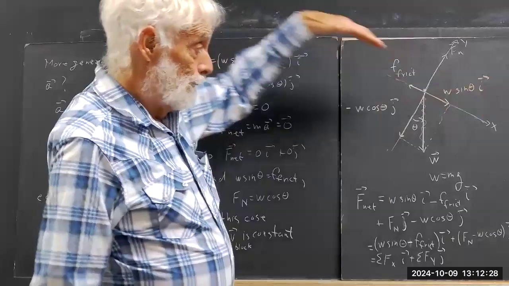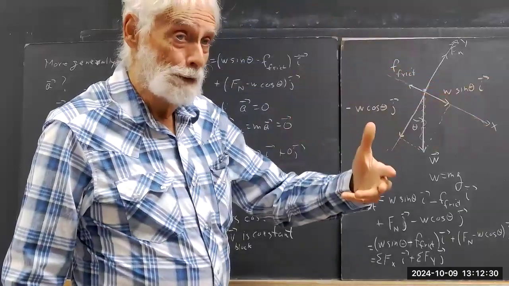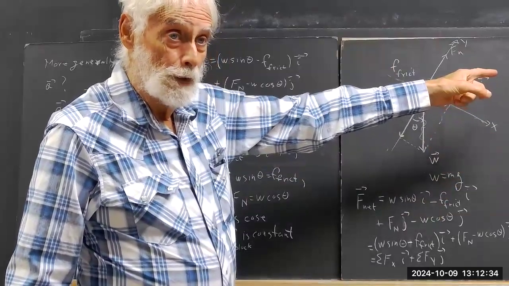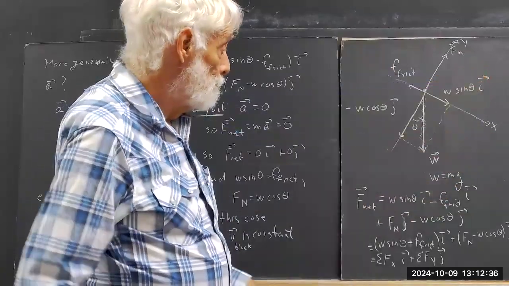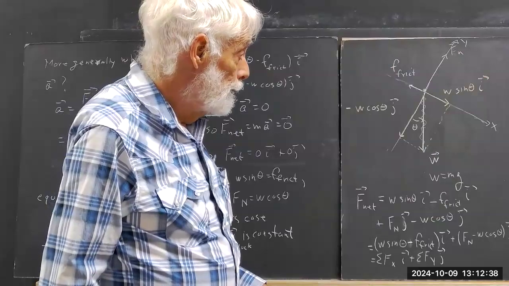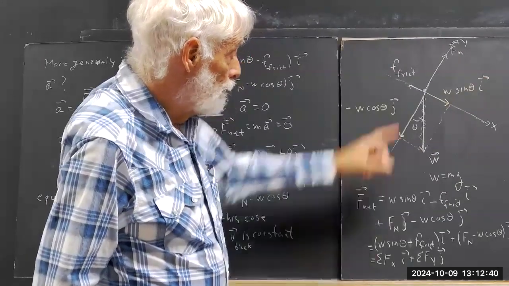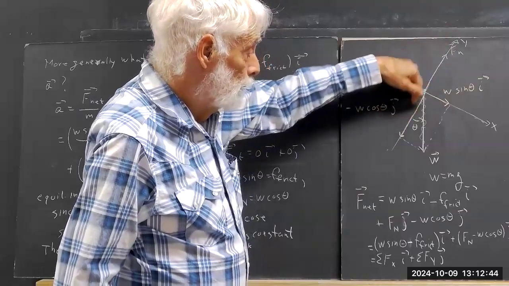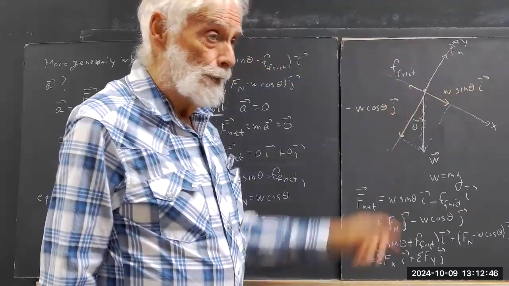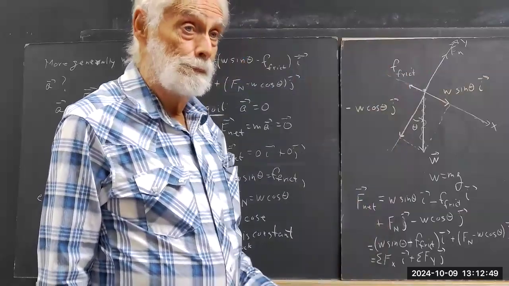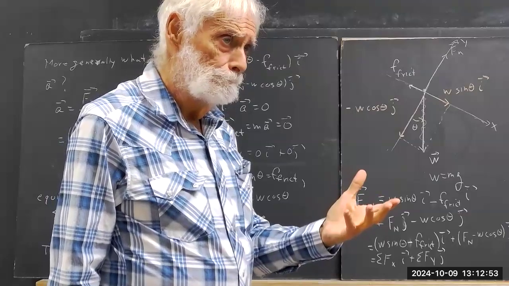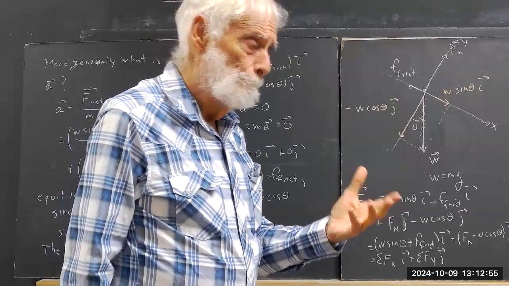Assuming that this incline is strong enough, it doesn't collapse or bend significantly under the weight of the block. The normal force has to be just exactly what it takes to balance the component of the weight in the y direction. Okay? Make sense at all? Okay.